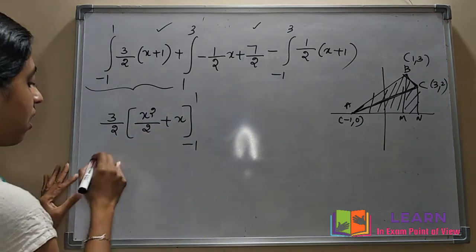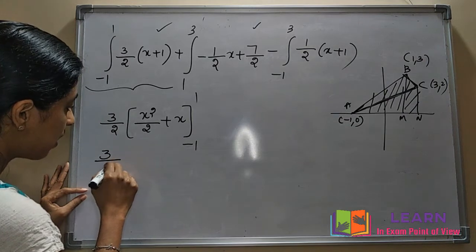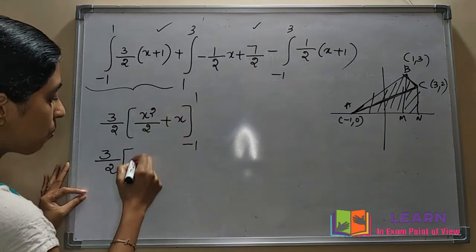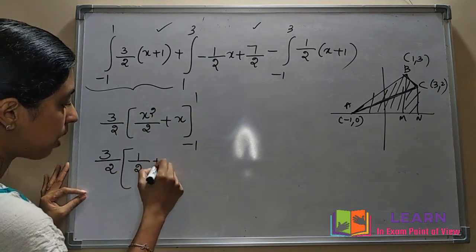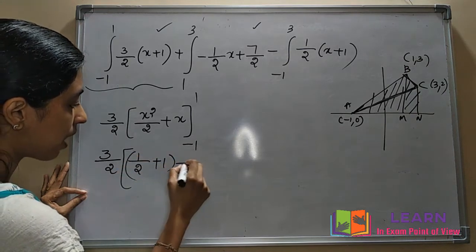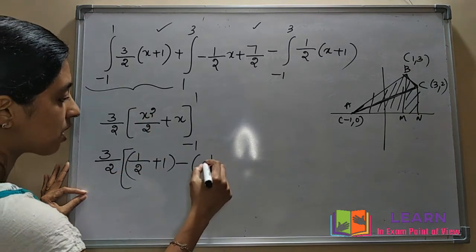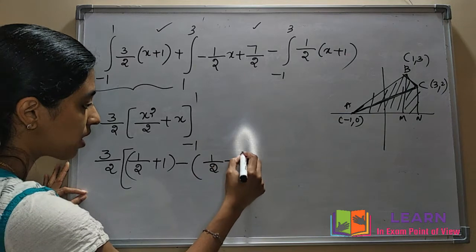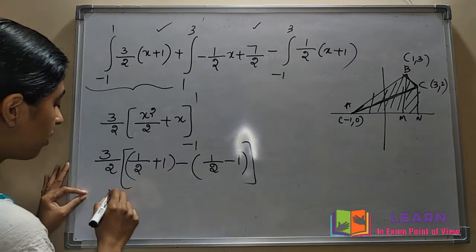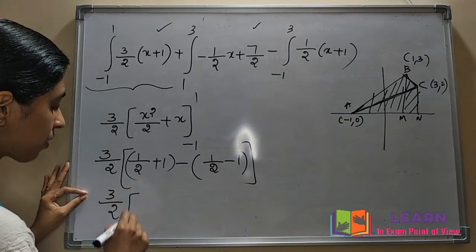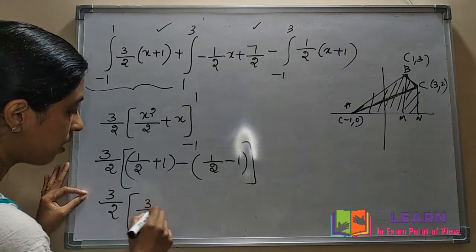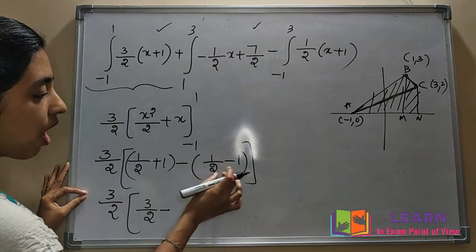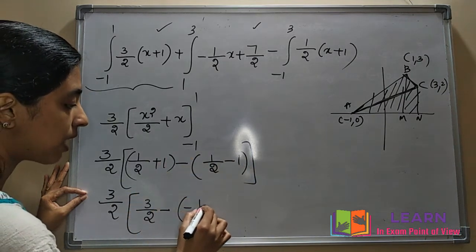Okay. So 3 by 2 is already there. Upper limit: 1 by 2 plus 1, minus, applying the lower limit, 1 by 2 minus 1 will come, right? That is 3 by 2, 1 by 2 plus 1, 3 by 2 minus. Half minus 1 is what? Minus half, right?